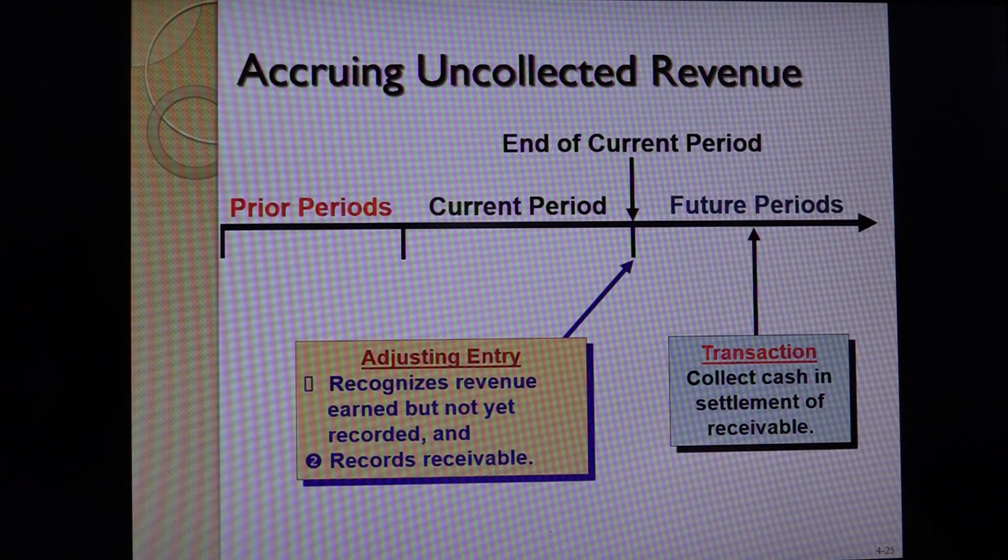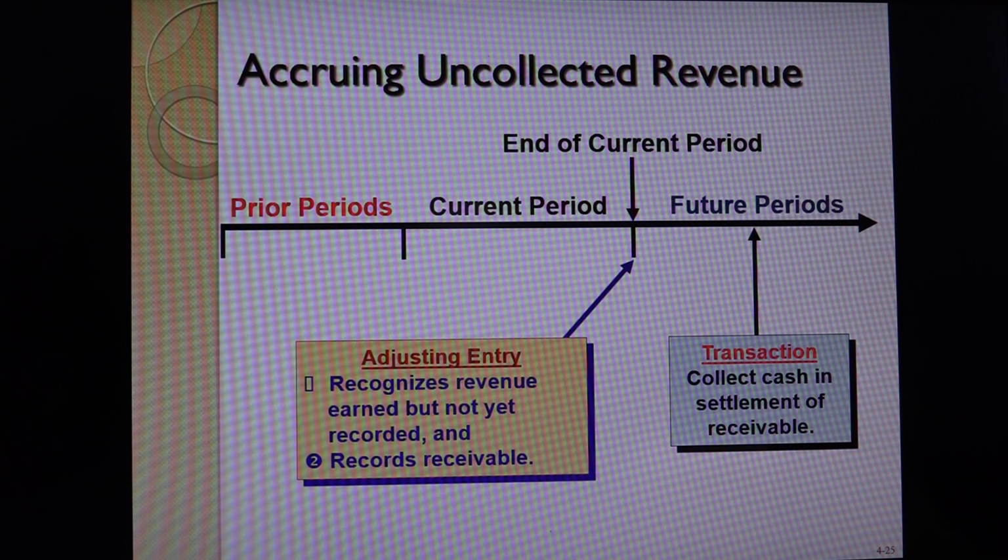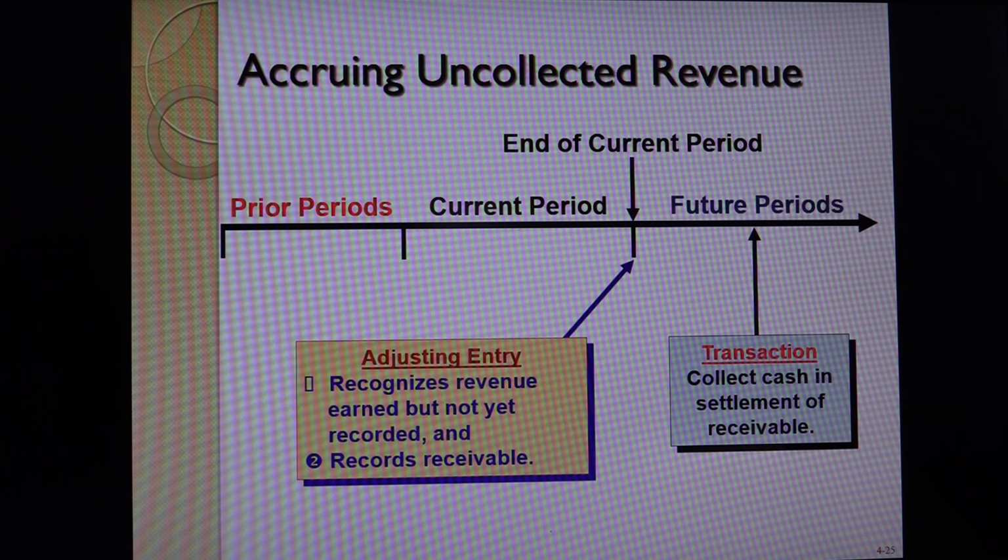Accruing uncollected revenue. You earn revenue by providing a good or service in the current year, but you're not going to be paid till next year. And so when that occurs, if you've earned the revenue, you have to book a receivable and book the revenue.